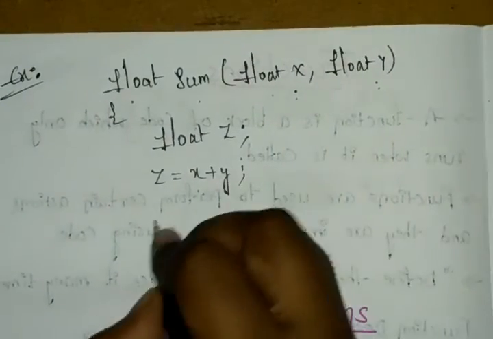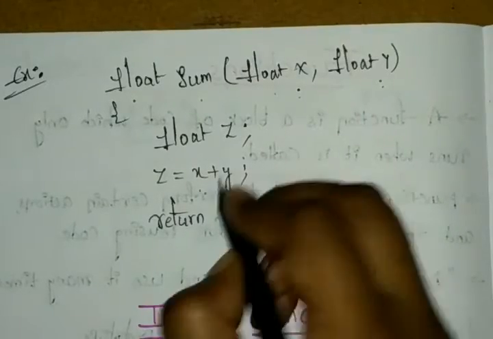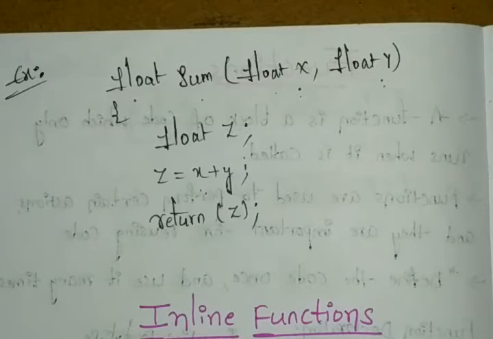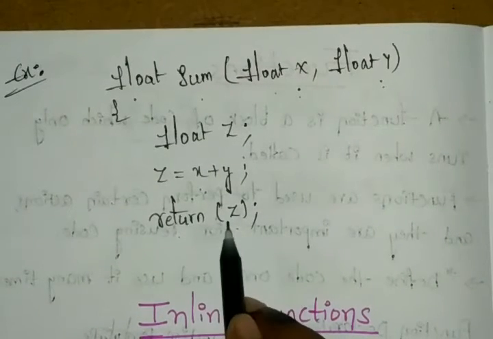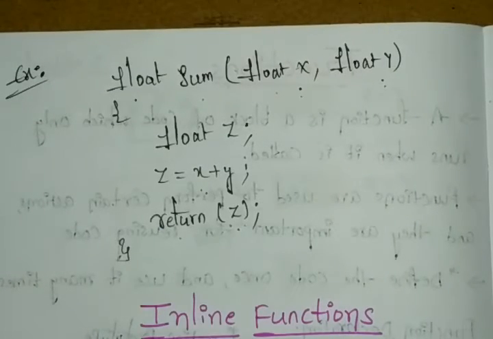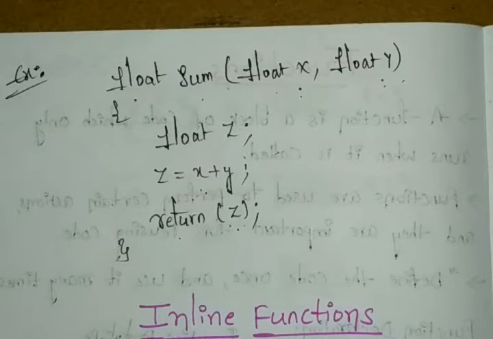And after that, return z. We need the sum in z, right? So that's why we need to return our z. Here z is the expression. After that you can close the function. So this is the opening of the function. Like this we can define our function.